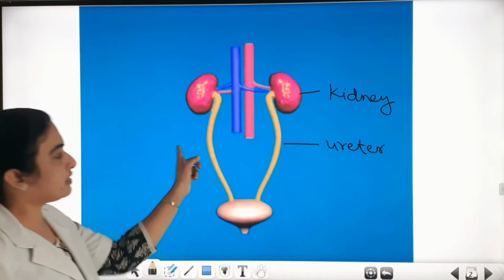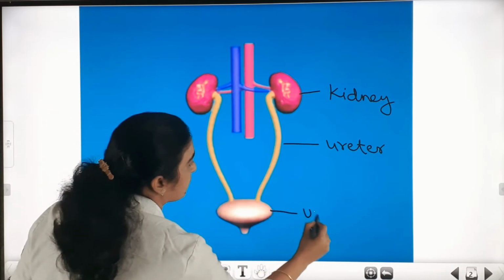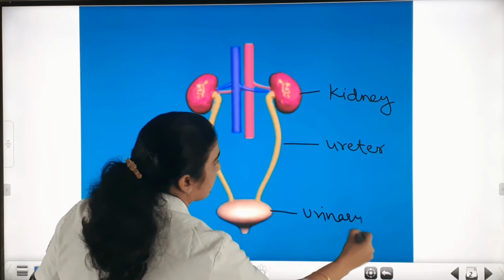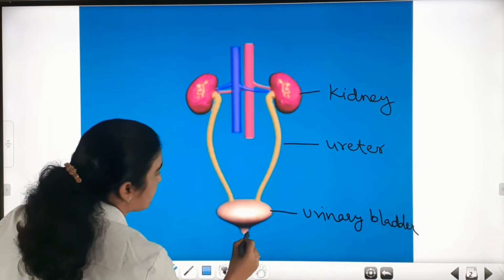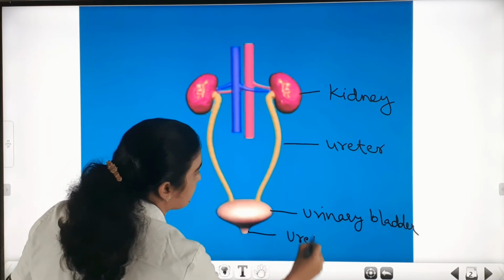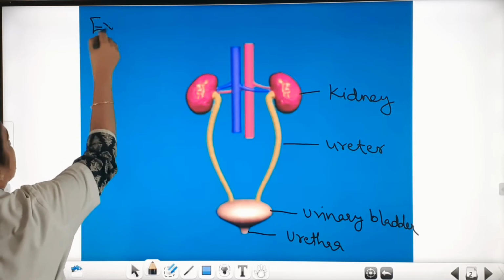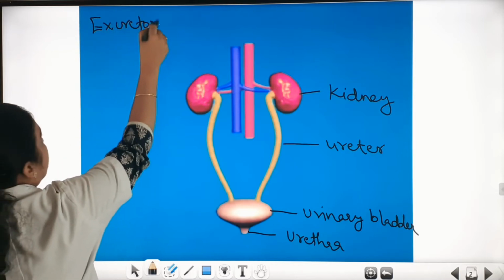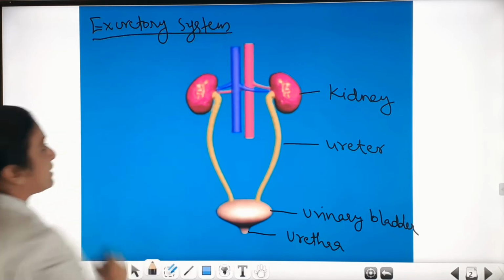So two ureters are here, and this is the urinary bladder. And the last opening, that is urethra. So this is the excretory system in human beings.